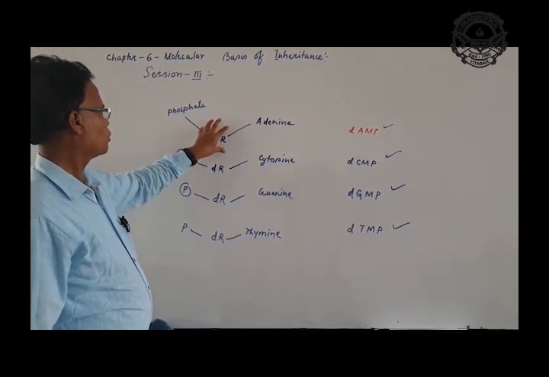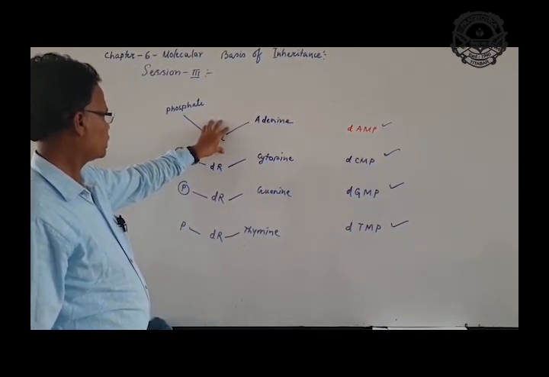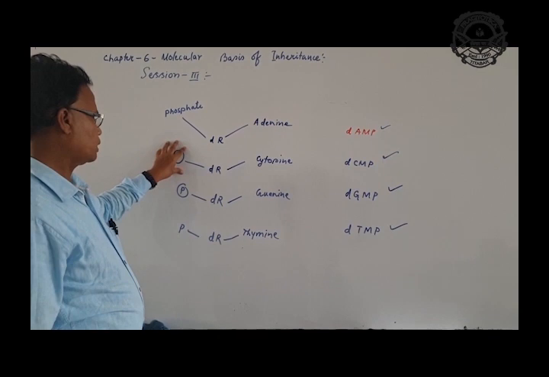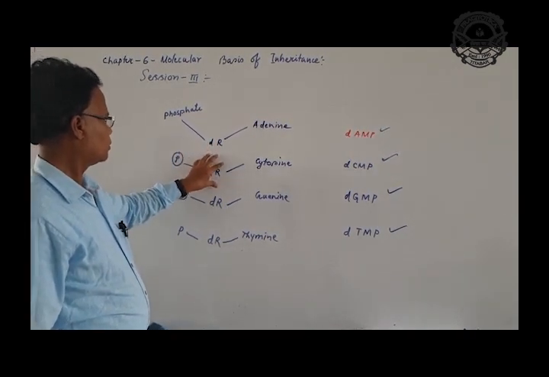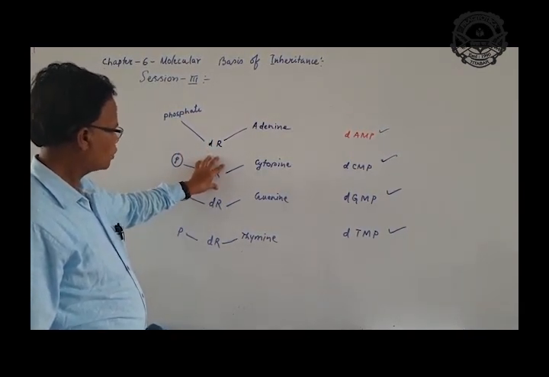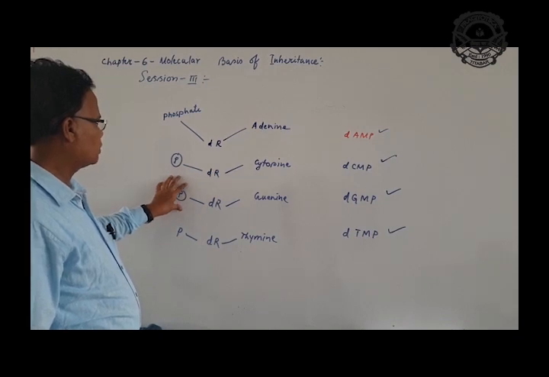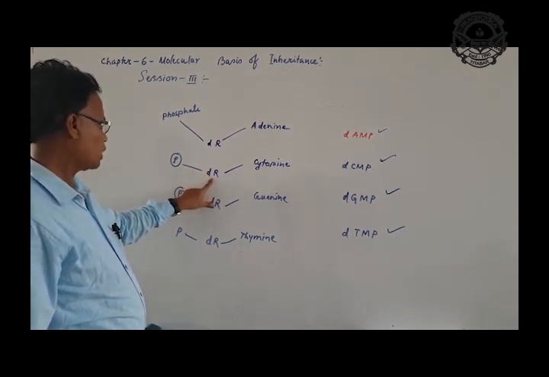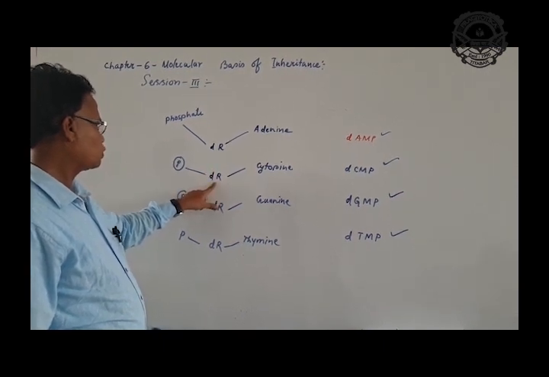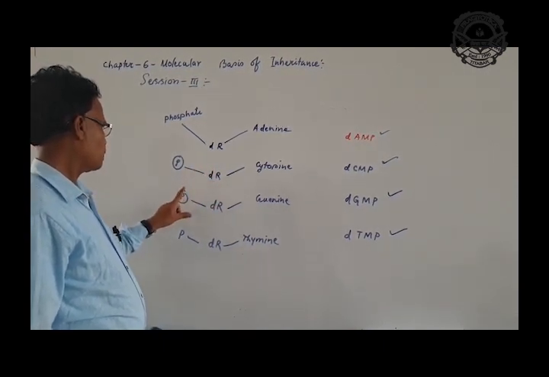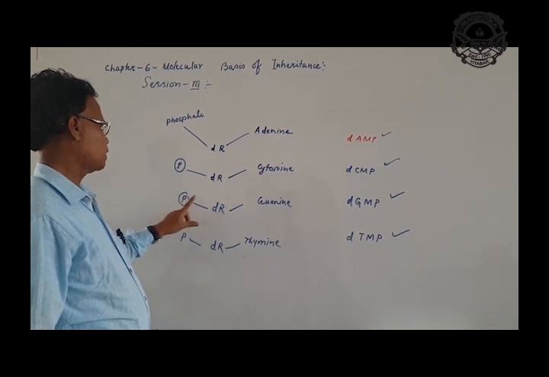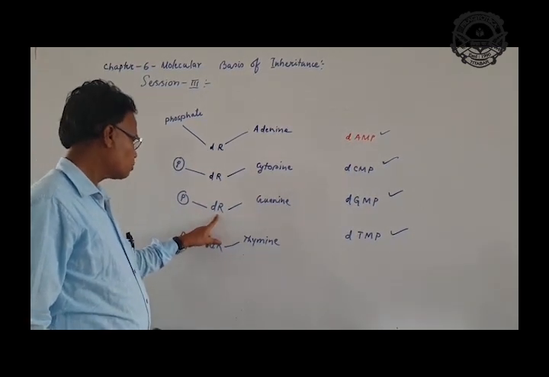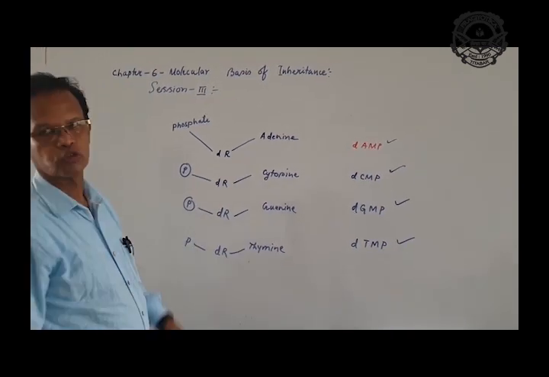Means the deoxyribose sugar of the first nucleotide joins the phosphate group of the second, the deoxyribose sugar of the second with the phosphate group of the third, the third deoxyribose sugar with the fourth phosphate group, and so on and so forth.